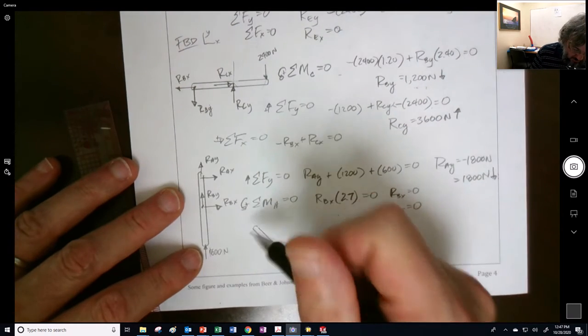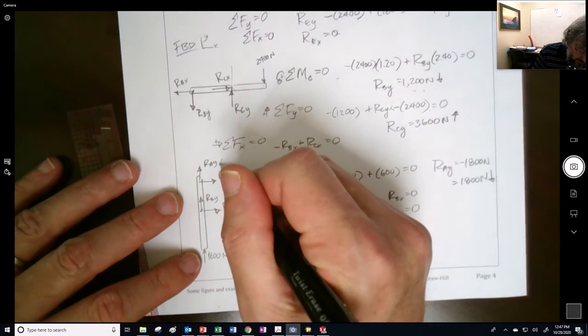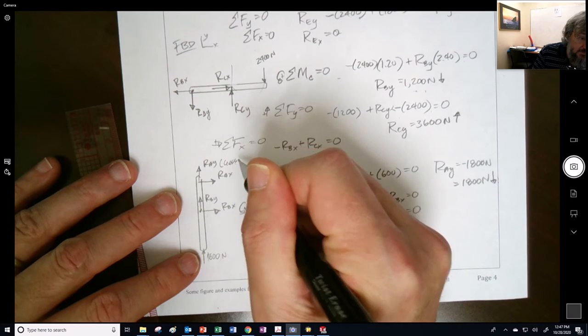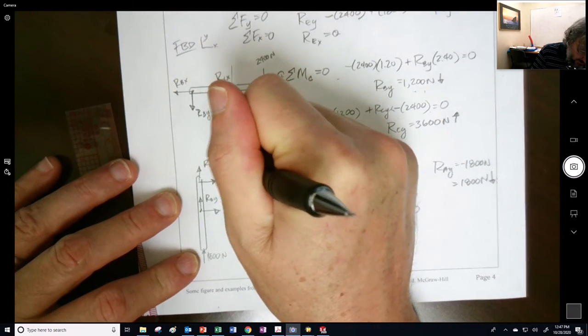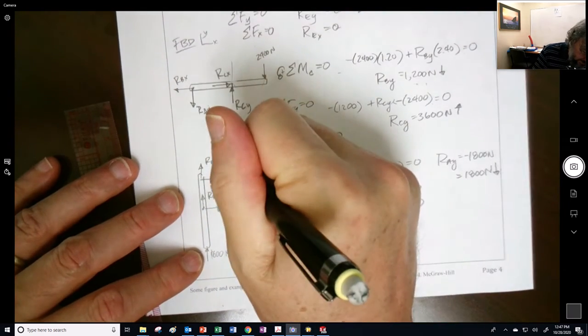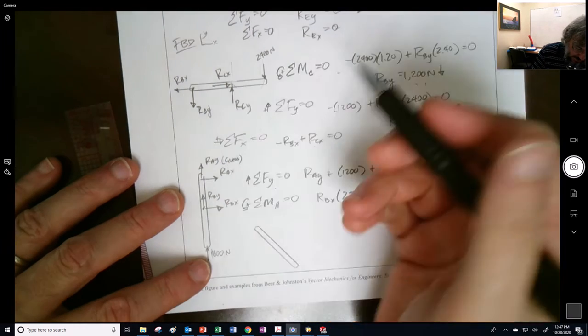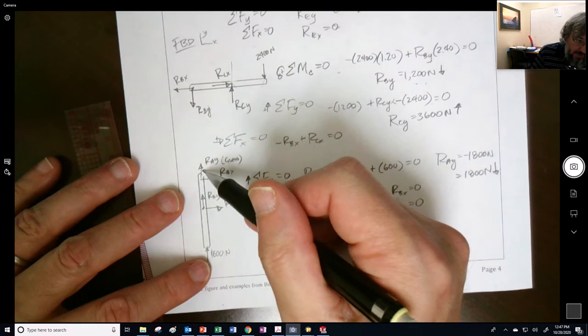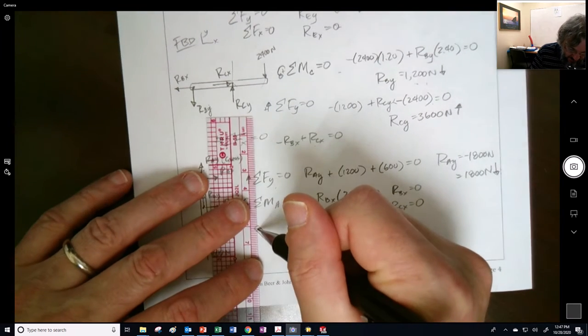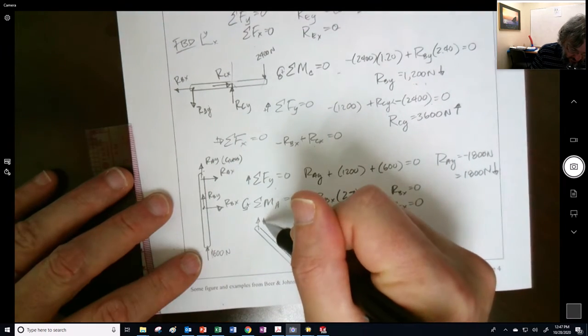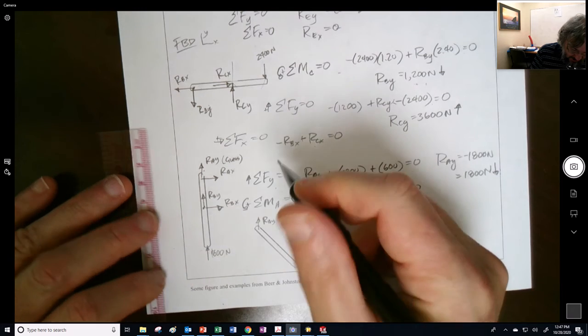Right? So this one right here was a guess. And I should spell guess the right way and write it more neatly. And we got it wrong, right? So this one's actually going downwards. So this one's actually going upwards. Right? So that's the RAY is actually coming this way.